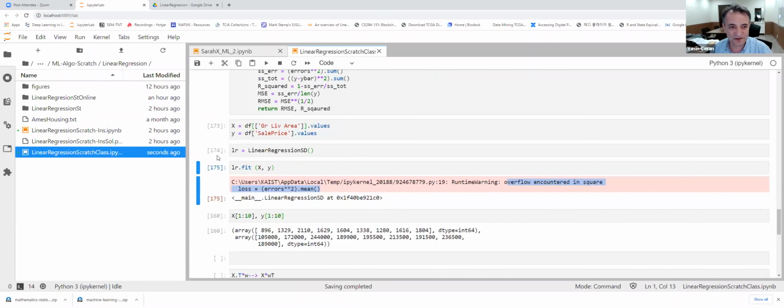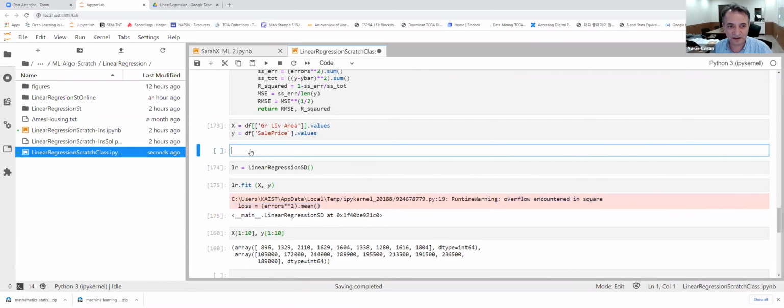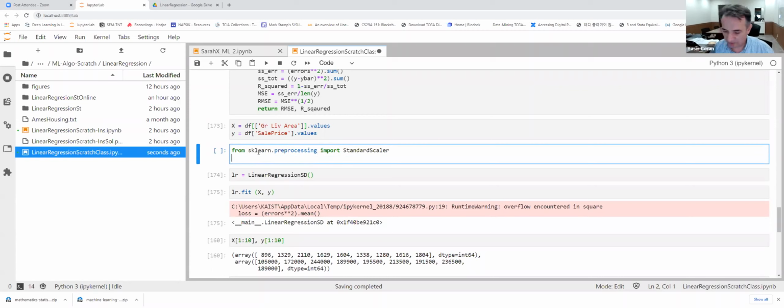To fix this, let me do the following very quickly. That will also be a practice for you to use StandardScaler from scikit-learn. I'm just going to scale my data set, that's all. You can do this manually too, but let's do this very quickly. I'm going to take my data and scale it.